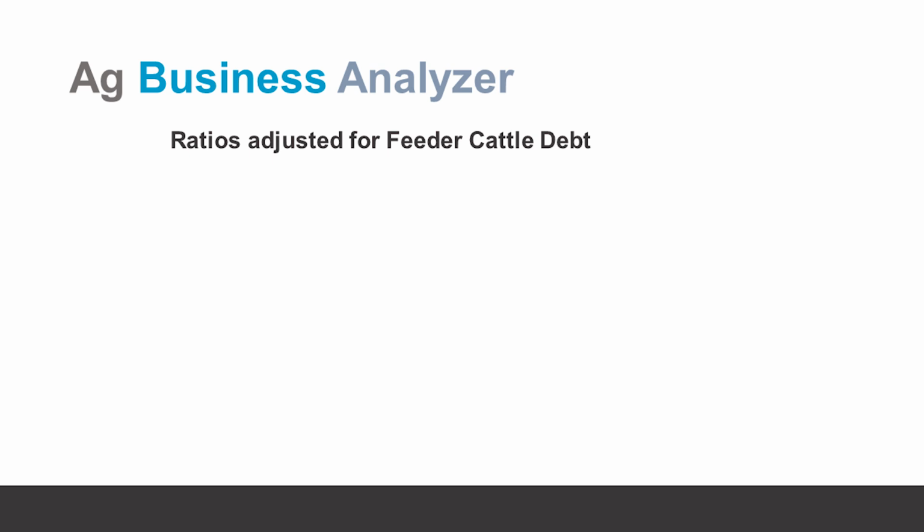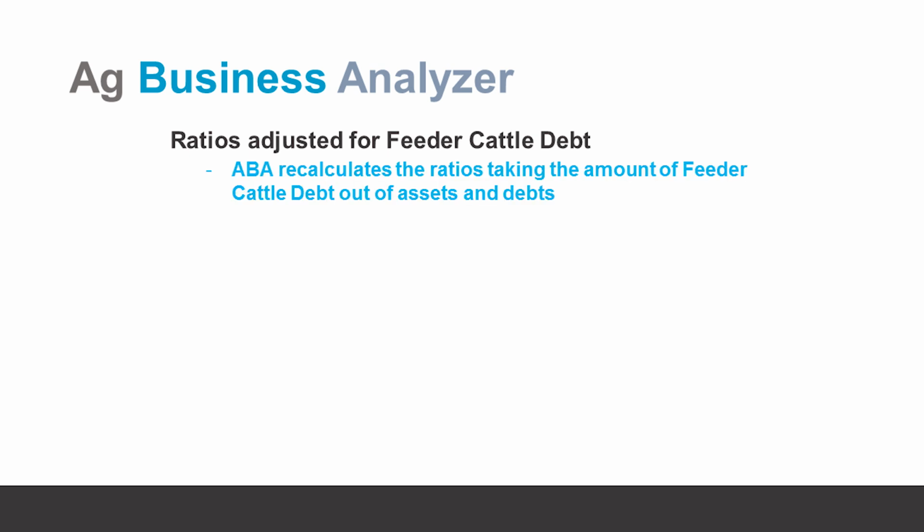So we have a little illustration here that shows how the adjusting for feeder cattle debt can impact the calculation of these ratios. So as mentioned, adjusting for feeder cattle debt, what the ABA program does is it recalculates the ratios, taking the amount of feeder cattle debt out of both assets and debts, and then reruns the ratios.